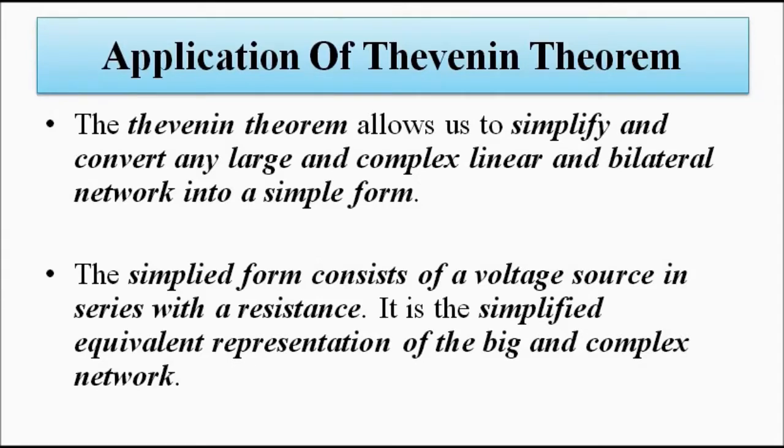That is the objective, to make our calculations easy. That is the objective of superposition theorem, that is the objective of Thevenin theorem, that is the objective of Norton theorem, which we will cover in the next videos.